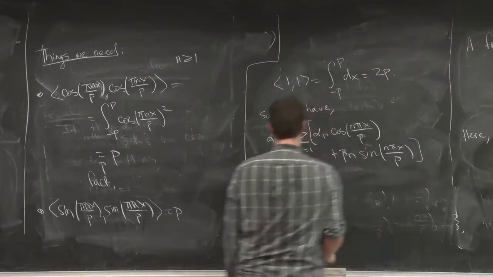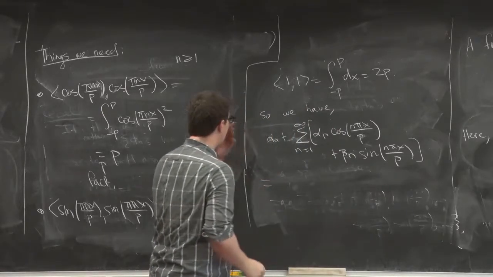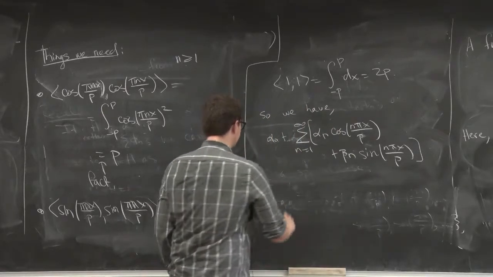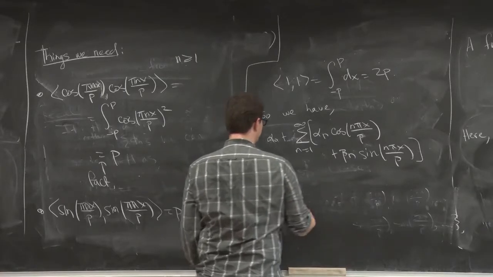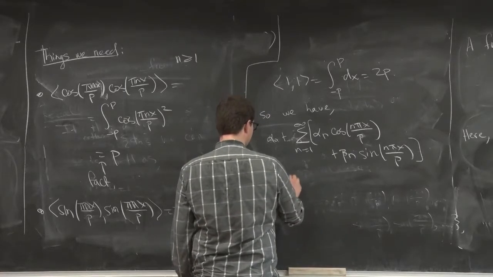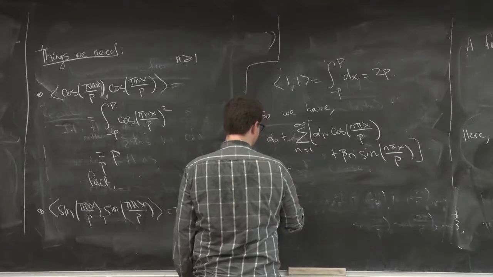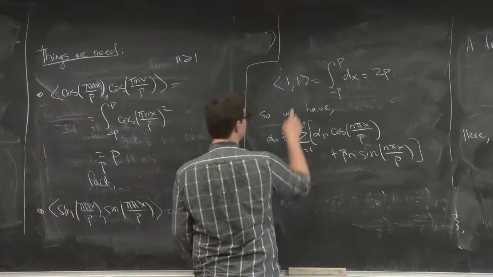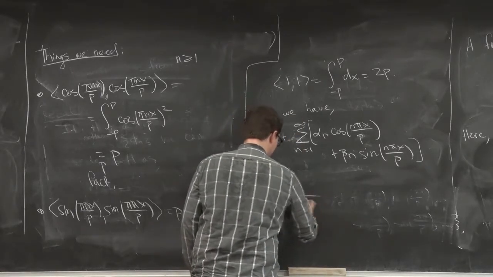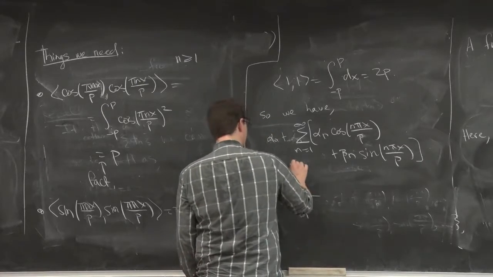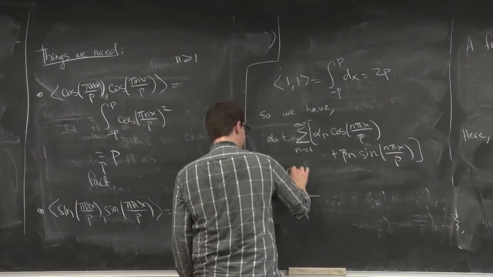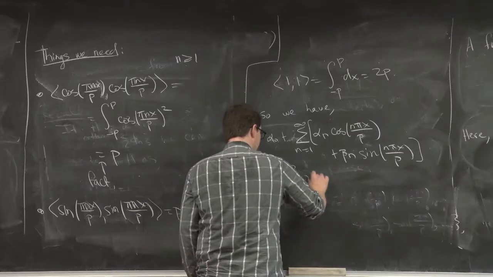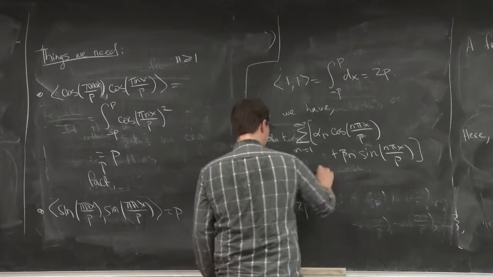So alpha 0 was this integral, 1 over 2p times the integral from minus p to p of f of x dx. So this is the first coefficient.